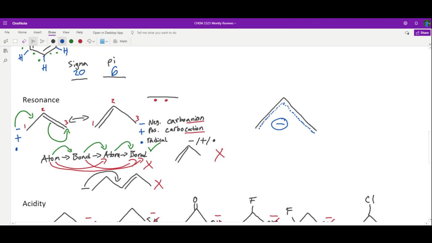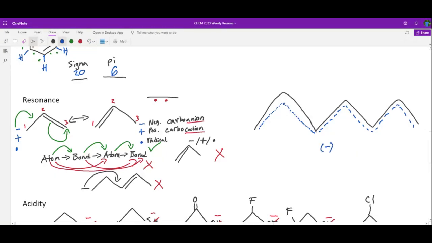And that is only with one double bond resonance. Now, if you have multiple resonance and it's spread across an entire larger surface area, then that negative charge is very, very tiny, as opposed to a very large negative charge right there.